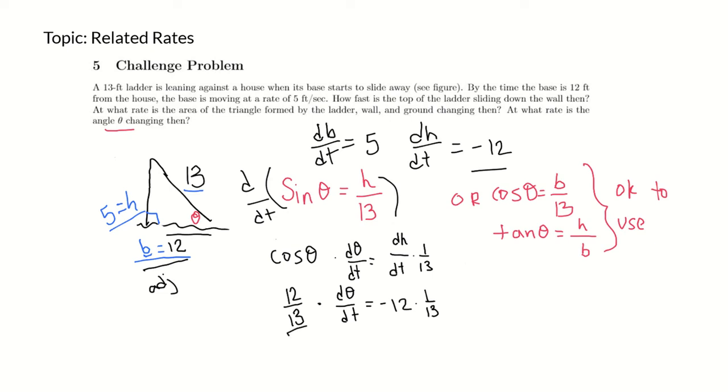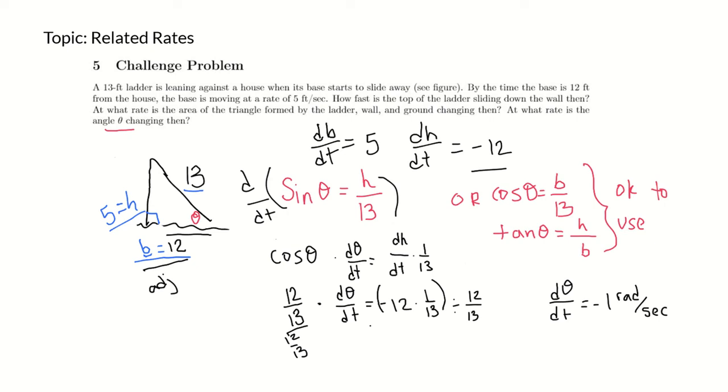Could divide by this, 12 over 13. It's better really to think about multiplying by the reciprocal, but that's fine. So divide this by 12 over 13, and we would get negative 1. So that means that d theta/dt is equal to negative 1 radians per second. So that's how this angle is changing.